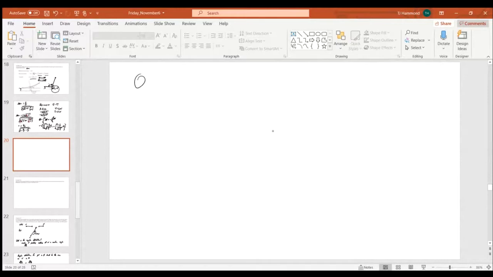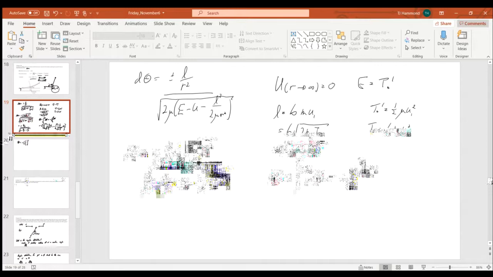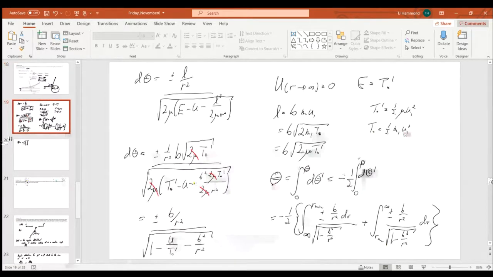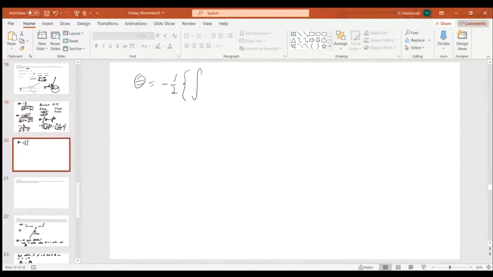But that is going to give us -1/2 times... Now, this first integral is from infinity to r min, right? We're coming in from infinity, we're going to r min. But we can flip that and flip the sign.